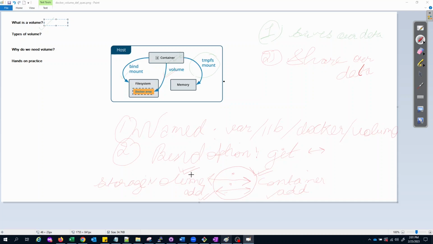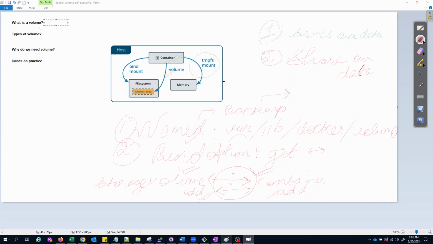Basically, bind mount is dependent on the directory structure and the OS of the host machine, whereas named volume is managed by Docker. So this is one of the reasons backup and migration is quicker and easier with named volume. Why?